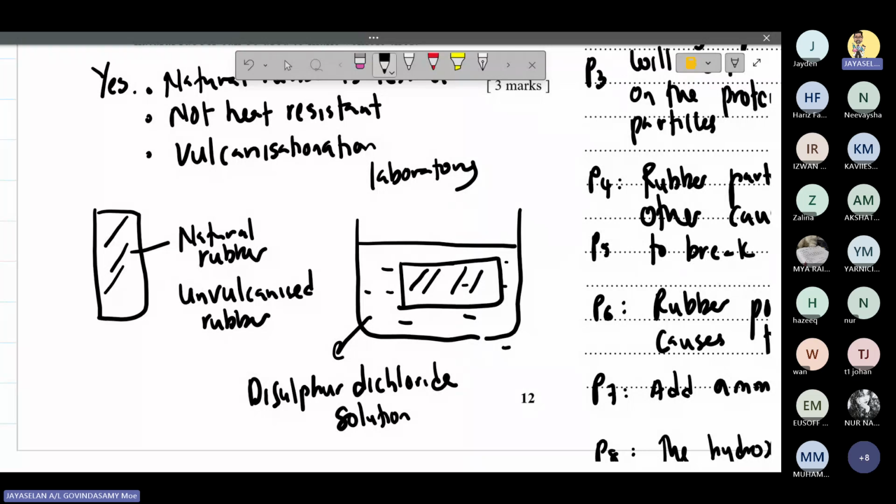Disulfur dichloride solution, or sulfur monochloride solution, either one. Copy this down in your notes. Once soaked in the disulfur dichloride solution, you will get vulcanized rubber. And this vulcanized rubber can be used to make tires.